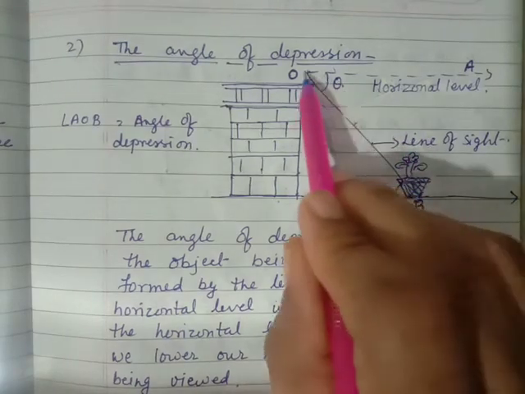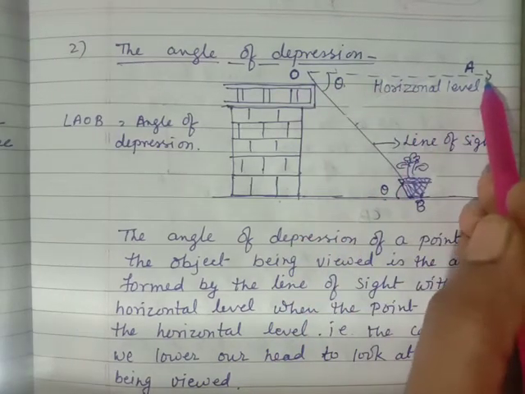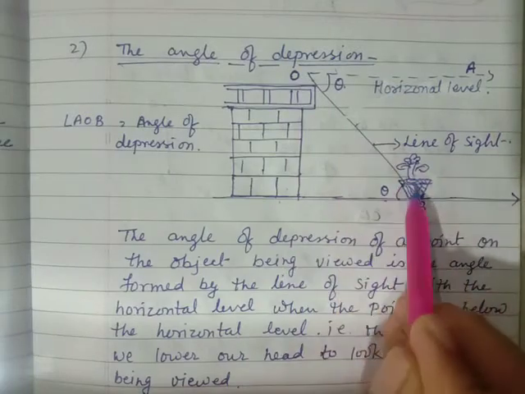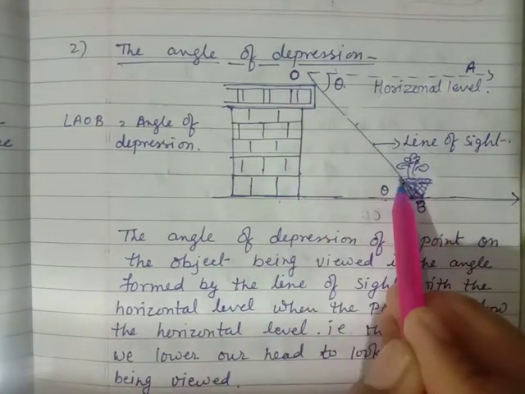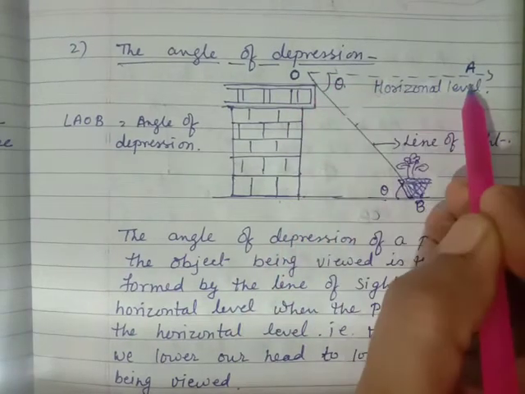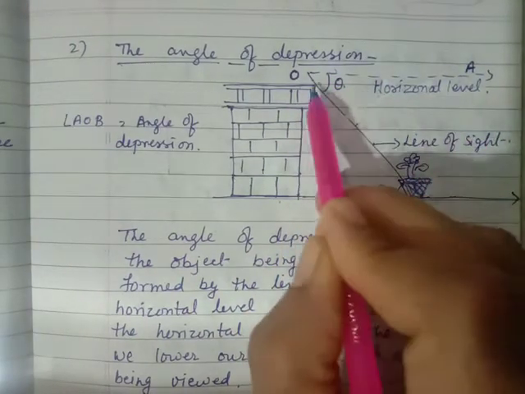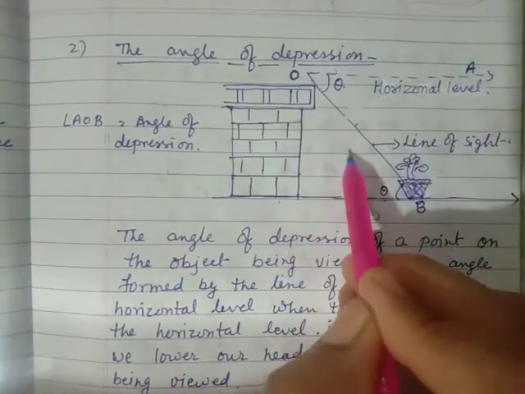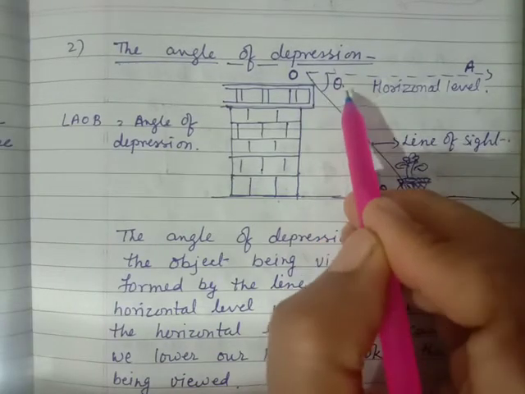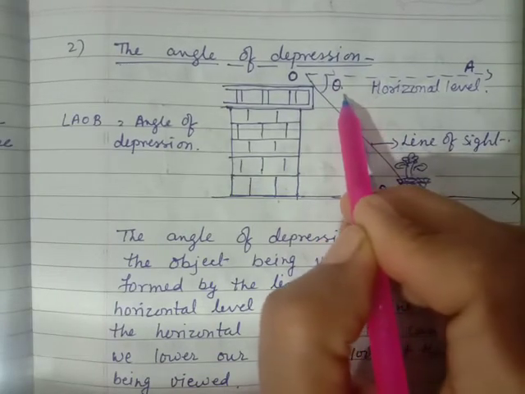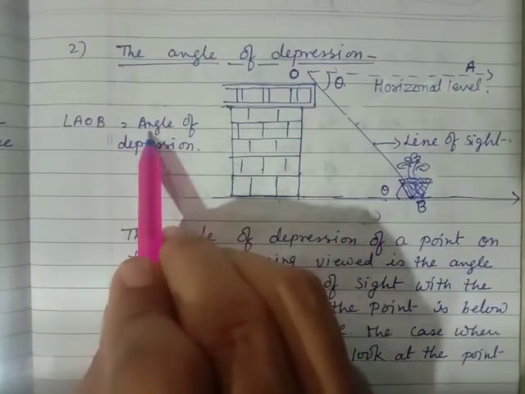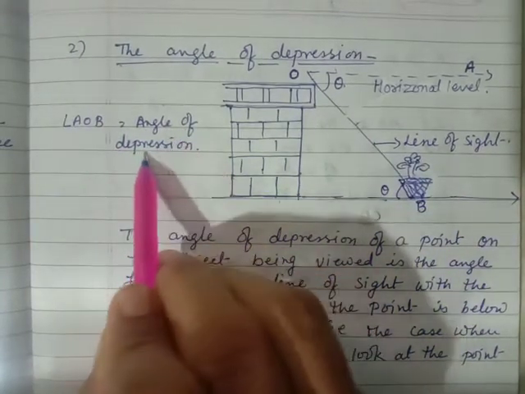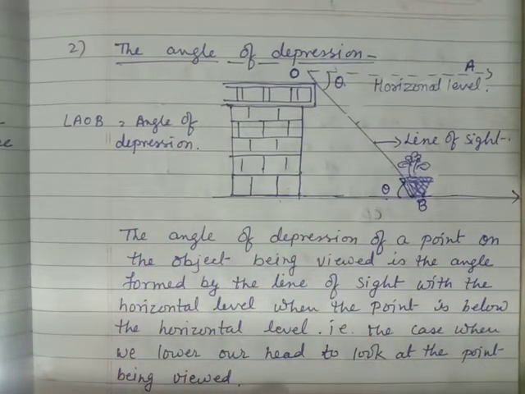So we consider this as the horizontal level, and this way he is observing. So this is the line of sight, this is the horizontal level. So between the horizontal level and line of sight, this angle is made. This theta is called the angle of depression. Angle AOB is called the angle of depression, okay?